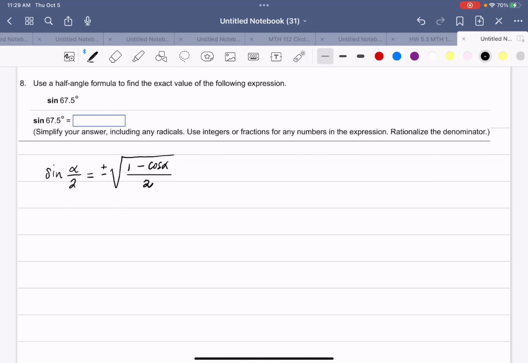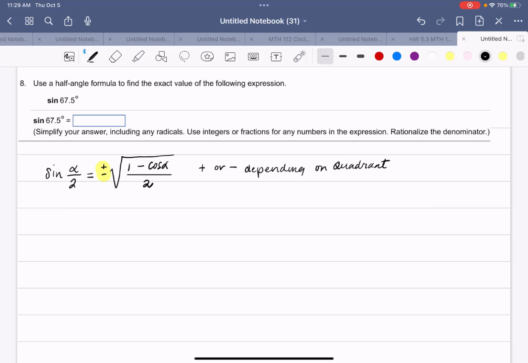Now, this does not mean that there are two answers. It means it could be plus or it could be a minus depending on the quadrant. So we have to look at our alpha to decide if it's going to be positive or negative.